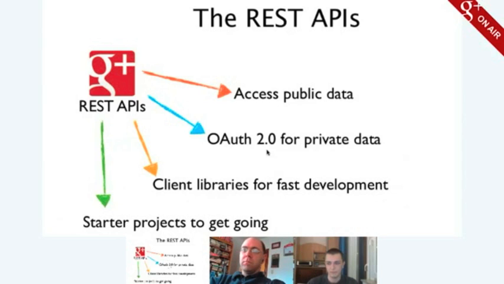And in addition to public data, there is a very small amount of private data you can get to right now, which we're always looking to expand. We're always investigating new cool things we can add to it. And all of that data, which is private to users, is protected via OAuth 2.0. So this allows your users to authorize you to access data on the Google+ platform that's not necessarily public.